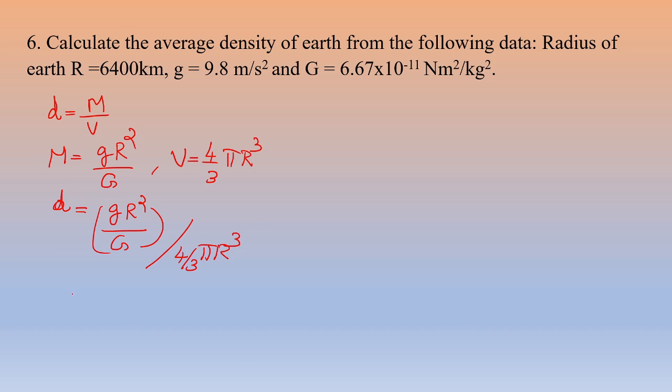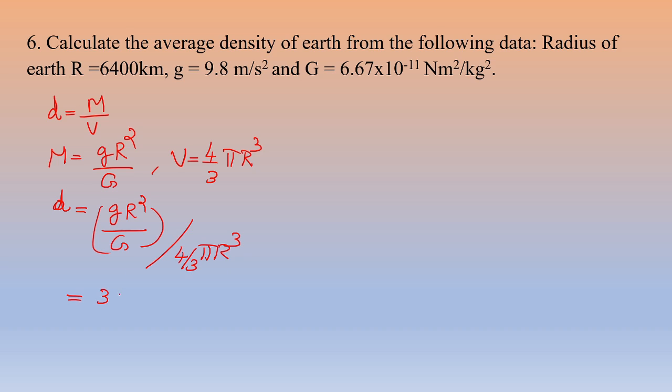So here one R square can be cancelled out, and the 3 is going to the numerator.